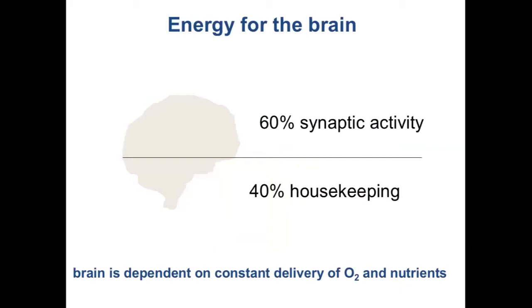And so there is also a housekeeping requirement of energy. There is no possibility for the brain to store the nutrients. The glycogen capability is very limited. Therefore, the brain requires a constant delivery of oxygen and nutrients, mostly glucose. This is very basic physiology.